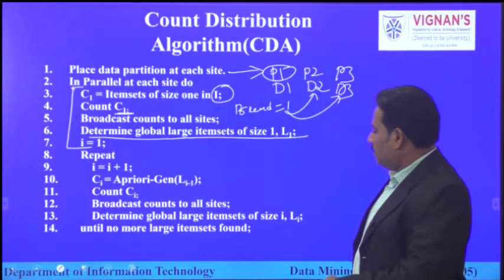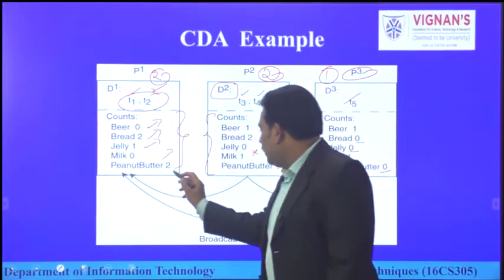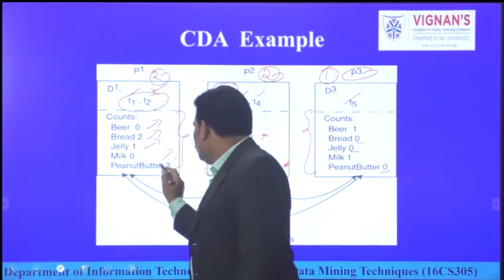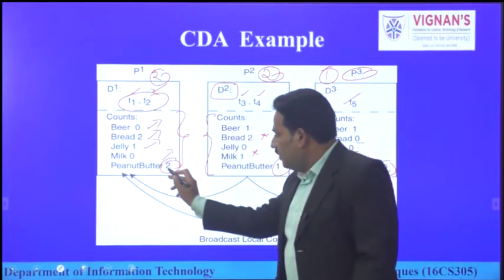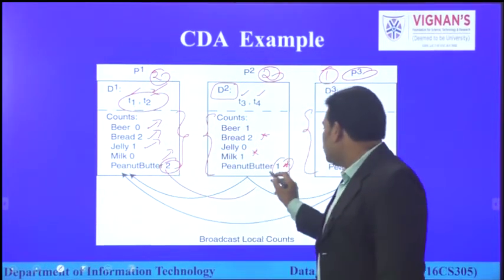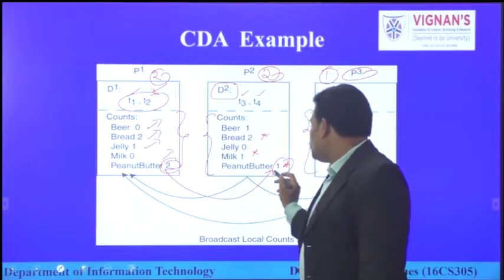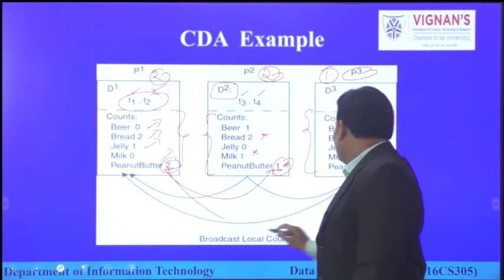We will move back again to understand the algorithm here. Look here: peanut butter is 2, here peanut butter is 2, and here butter is 1. Now what are we doing? This peanut butter count is compared with peanut butter in P2. Here the count is 2, there it is 1. Again, this is communicated onward.